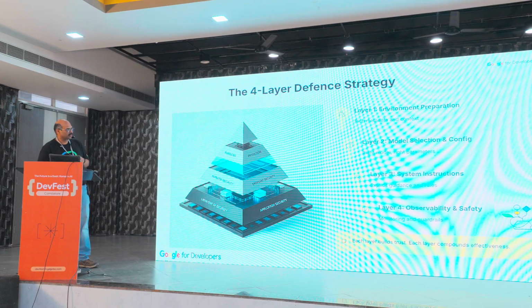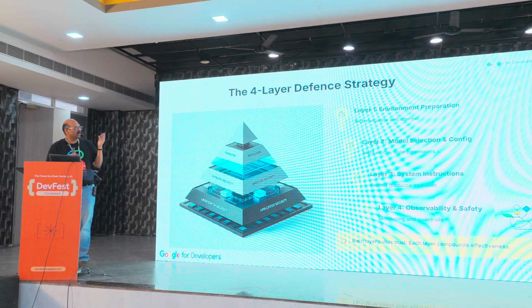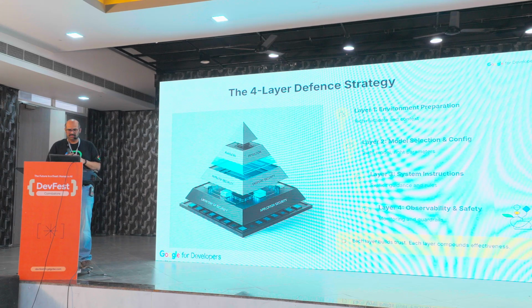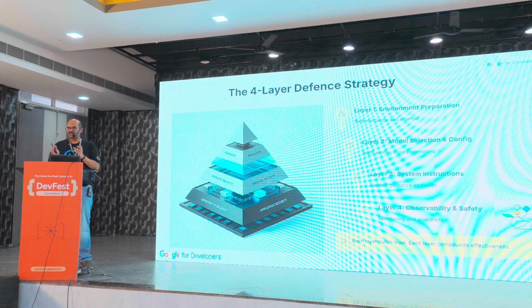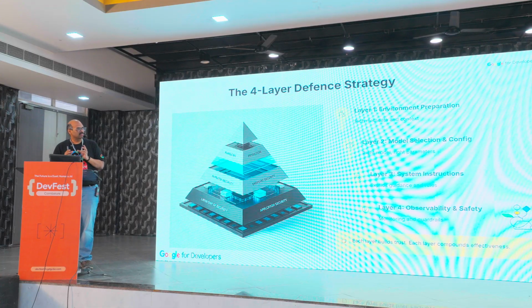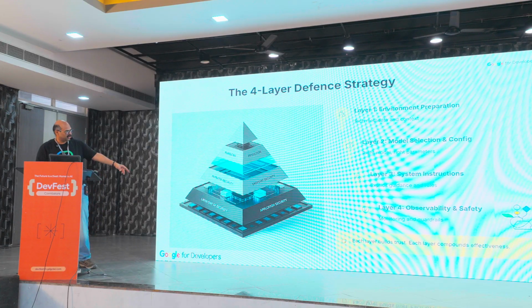So what can we do about this? You can think of it in 4 stages, which I call the 4-layer strategy. In layer 1, you look at the environment, especially the metadata. Metadata is the main thing here, the foundation, so that's where you start. Next, you look at tuning the models and choose the right model that works for you.